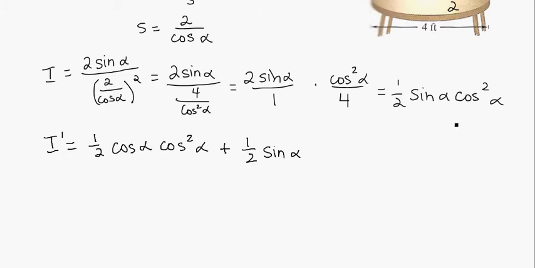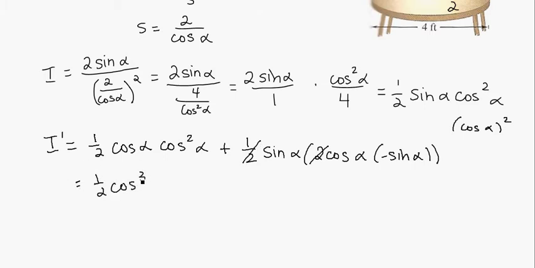So I can bring down the 2, subtract 1, and then I have to multiply by the derivative of cosine alpha. So I get 2 cosine alpha times negative sine of alpha. Okay, see a little cancellation that can happen there. So we get 1/2 cosine cubed of alpha plus, actually it's going to be a negative sine squared alpha cosine alpha.